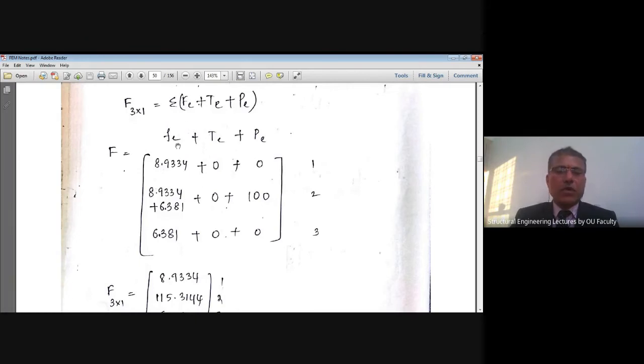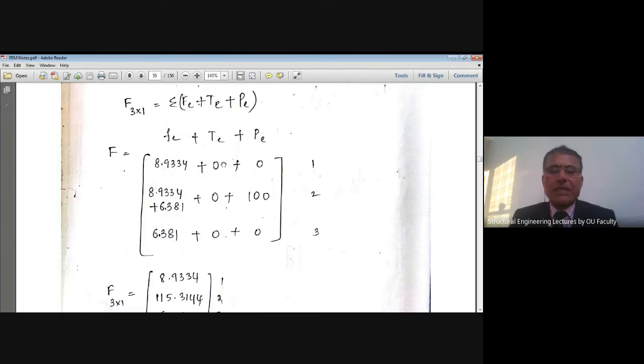And the element body force vector of the second element was contributing 6.381 along the second and third degrees of freedom. Now you can see that node 2 is common for elements 1 and 2, hence it is having superpositions from both contributions, using the law of superposition. That is how the element body force vectors are contributing so many units of the loads in terms of pounds.